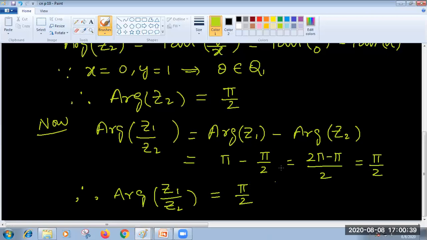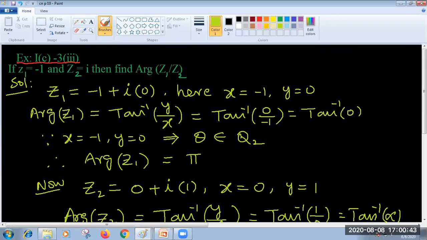Very simple and very important problem. So z1 is equal to -1 and z2 is equal to i, then find argument z1 by z2. So this is how we find this one.